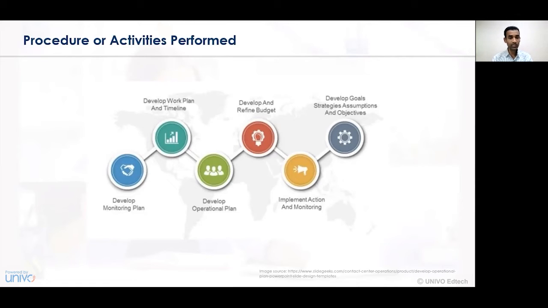All those things need to be analyzed, evaluated, and then it needs to be identified whether the performance objective has been achieved or not. So here we have seen the procedure or activities that need to be performed for developing an effective operational plan. When all these steps are undertaken in the organization in an organized and systematic way, then your operational plan becomes effective and successful.